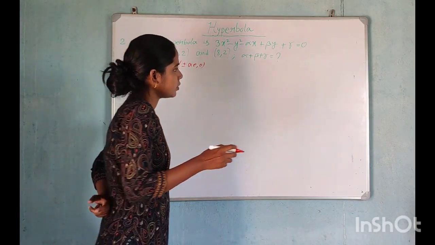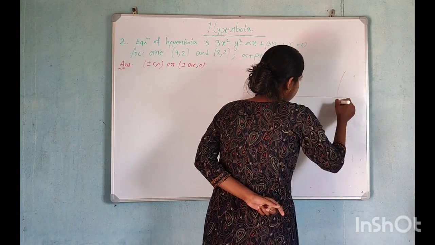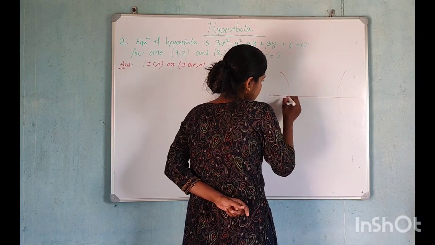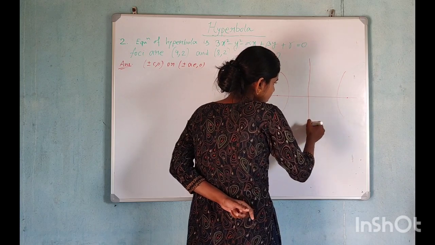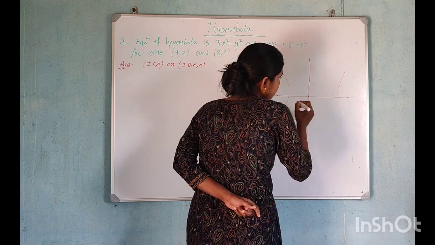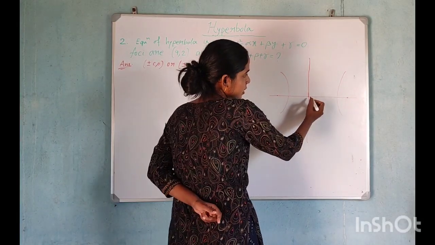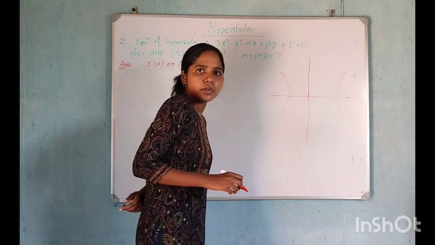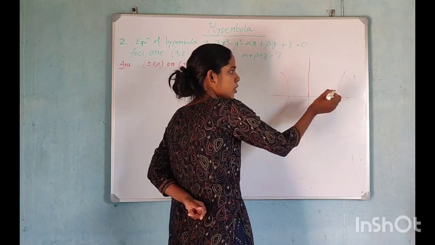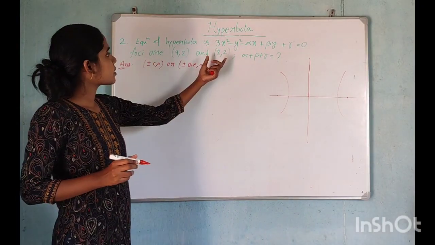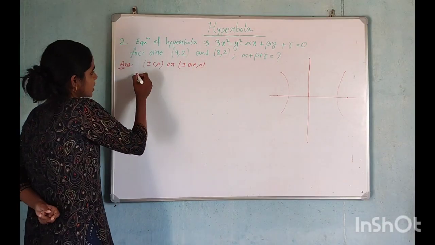Now if you recall the graph of the hyperbola, there is one focus, there is another focus, and the center is the middle point of these 2 points. The center is always the middle point, for the vertices also and for the foci also. So if the foci are given, their middle point will be the center. So we can derive the center.